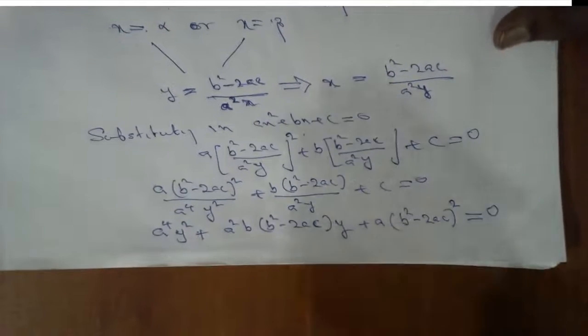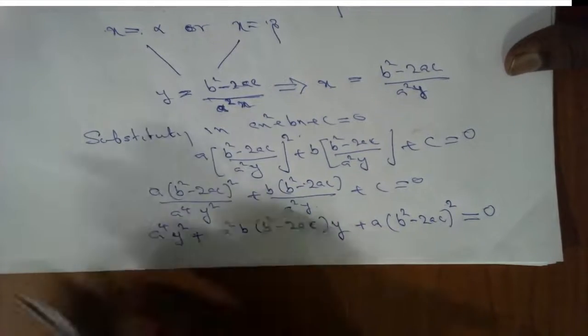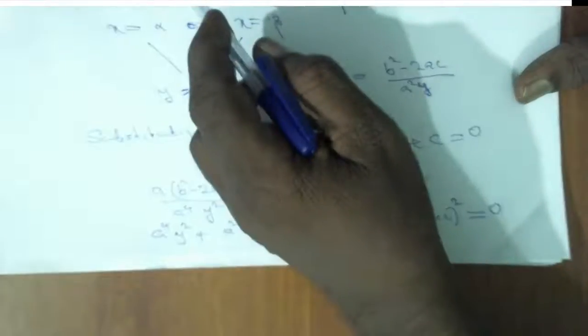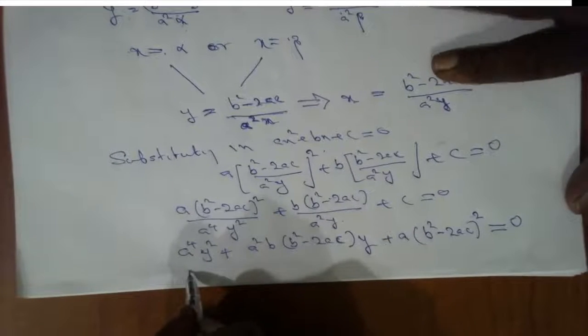So this is the quadratic equation whose roots are these two values, so this is the required equation. That is the deduction method, right?